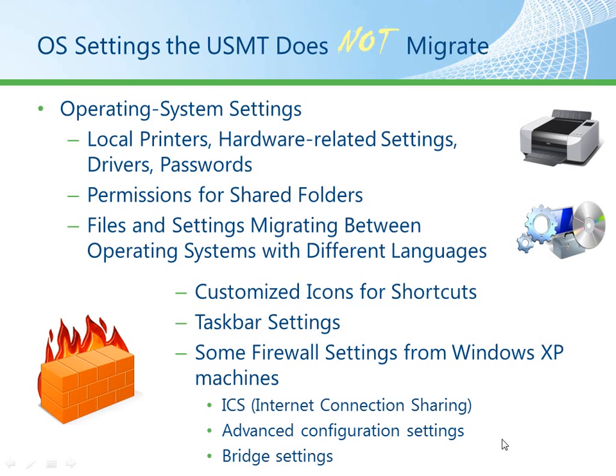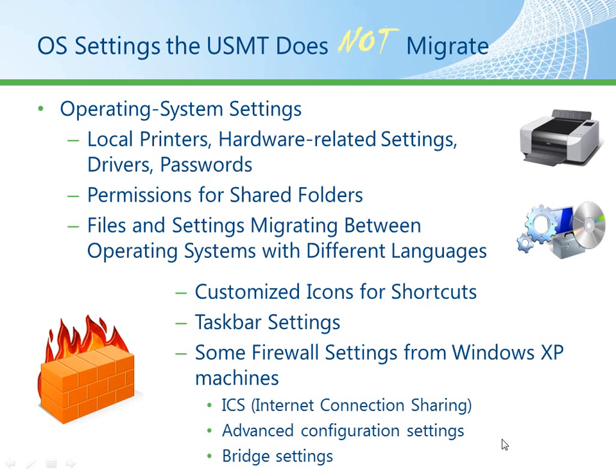So we saw what application settings don't get migrated by the USMT. What about operating system settings? What operating system settings do not get migrated by the USMT? Well, there's several to be listed here. Things like local printers, hardware-related settings, drivers, passwords, application binary files, synchronization files, DLL files, and other executable files.